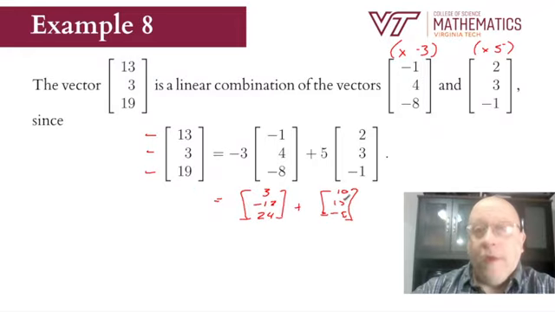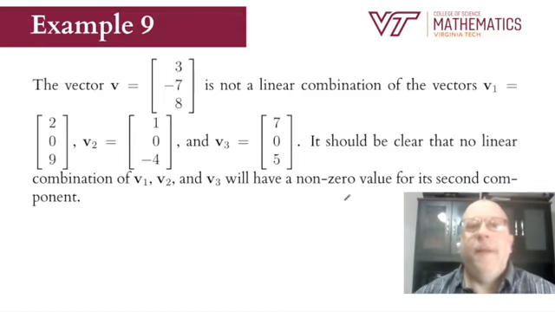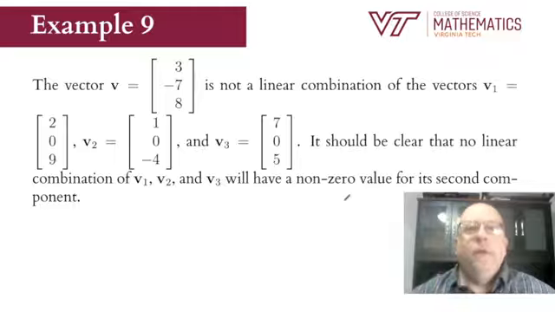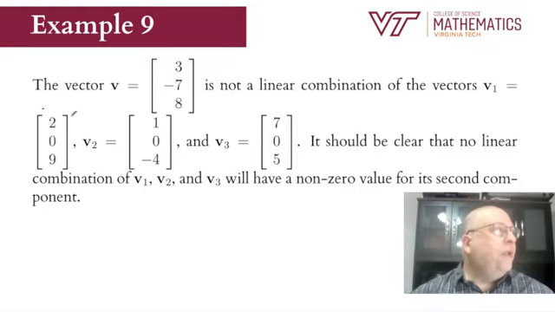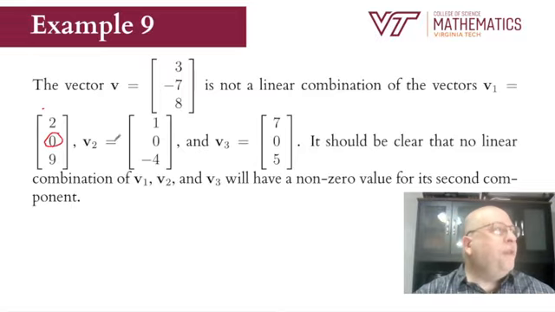This is not always possible. Here's an example of a vector that's not a linear combination. The vector 3, negative 7, 8 cannot be built using these three vectors, v1, v2, and v3: 2, 0, 9; 1, 0, negative 4; and 7, 0, 5. And the reason in this case is pretty obvious. As we go along, we'll come up with harder cases, but in all of these cases, the middle component is 0.